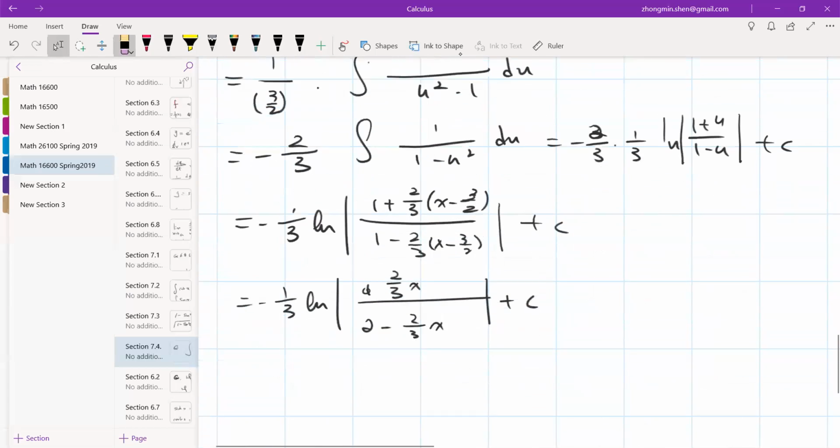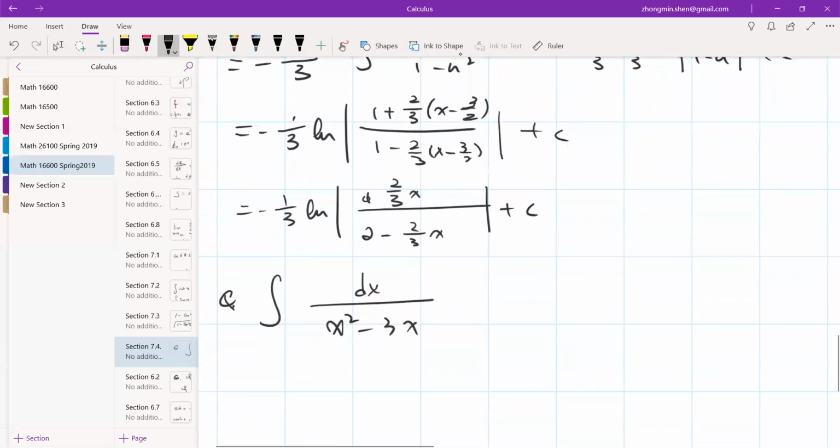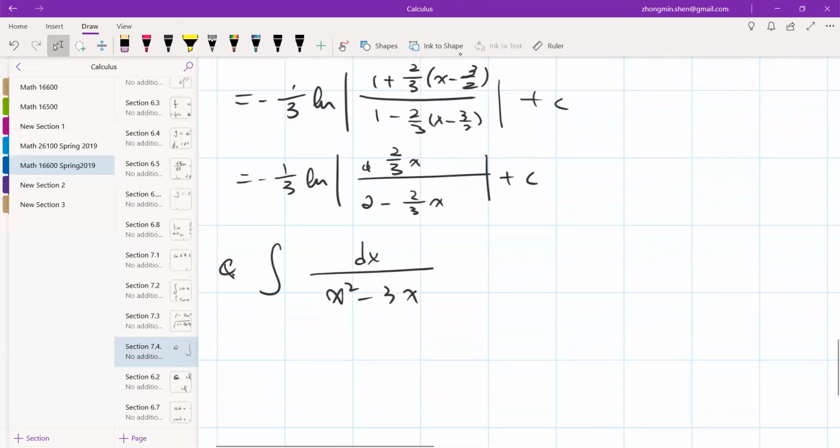There's another way you can solve the problem. If you don't like the idea to complete the square, right? It's x squared minus 3x, right? If you don't want to change it to the standard form, you can do the following.